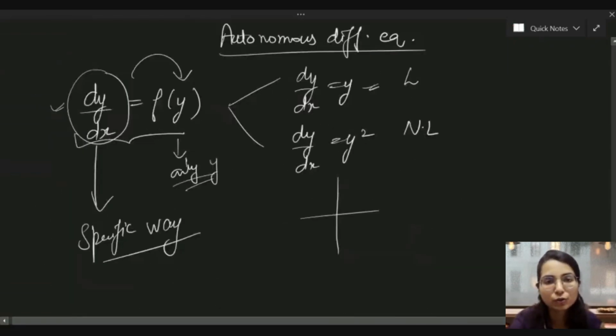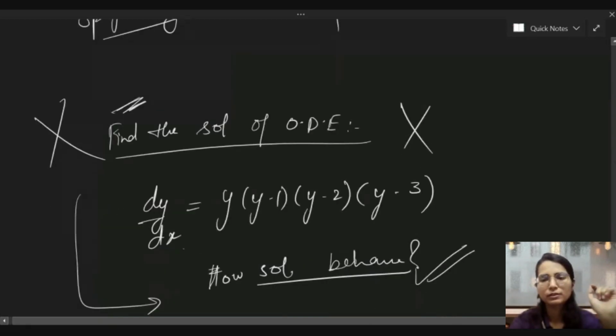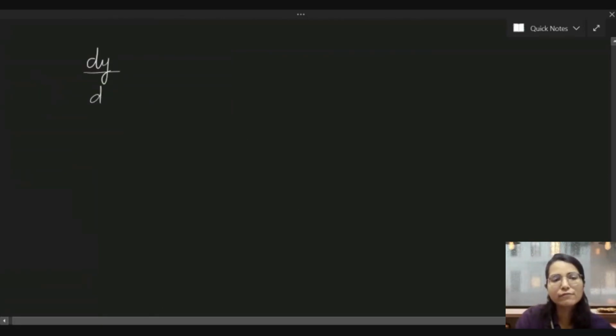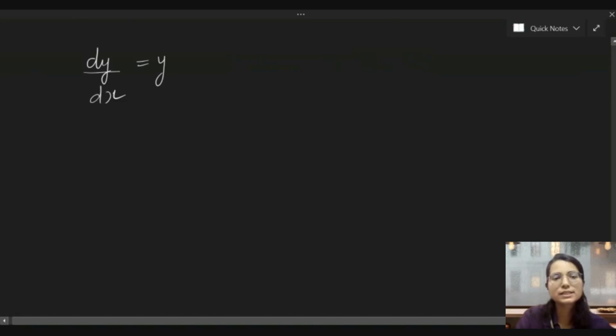And for finding the behavior of the solution, the autonomous differential equation helps us really well. So let us move on and see what an autonomous differential equation is. Whenever you have a differential equation like this, let's say just this, is it autonomous? You will say yes, because this is a function of only y.